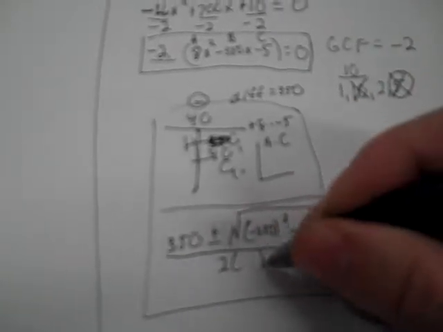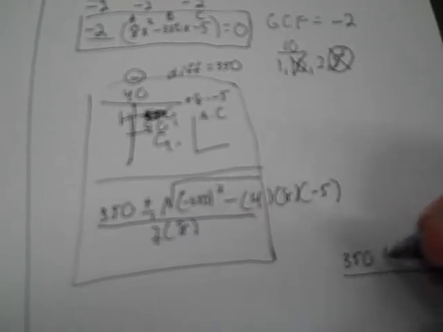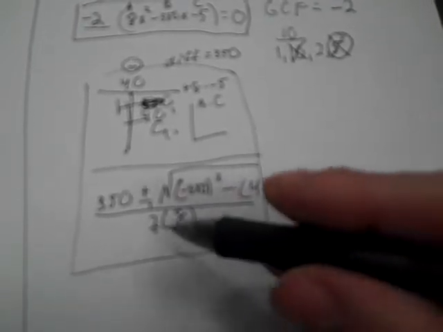So b would be negative 350, a would be 8, and c would be negative 5. And then down here on bottom I have 2 times a, so 2 times 8. So I know I have 350 plus or minus, and then 2 times 8, that's 16.